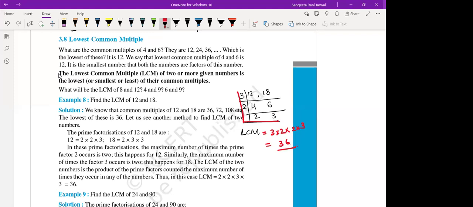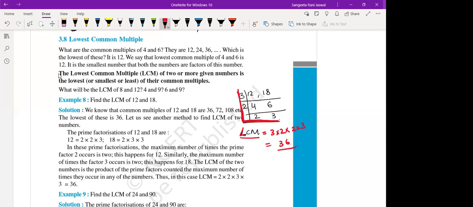Yes, ma'am, understood. So LCM is when you have this L. Just a memory trick I'm giving you, because many times children get confused between LCM and HCF, what to find in HCF and what to find in LCM. So when you are doing it this way, take this as one method. LCM is when you multiply all the numbers here and the numbers here. First take out all the possible common factors, then whatever is left here, that also you have to multiply.